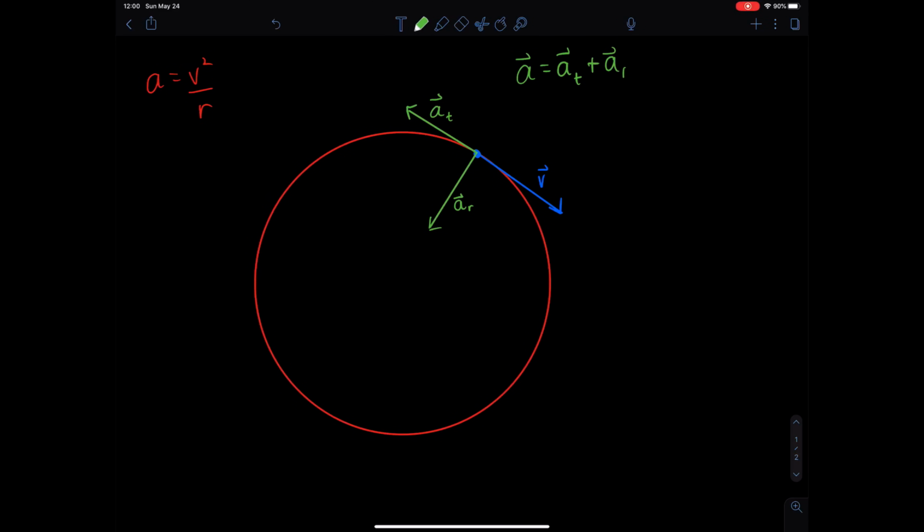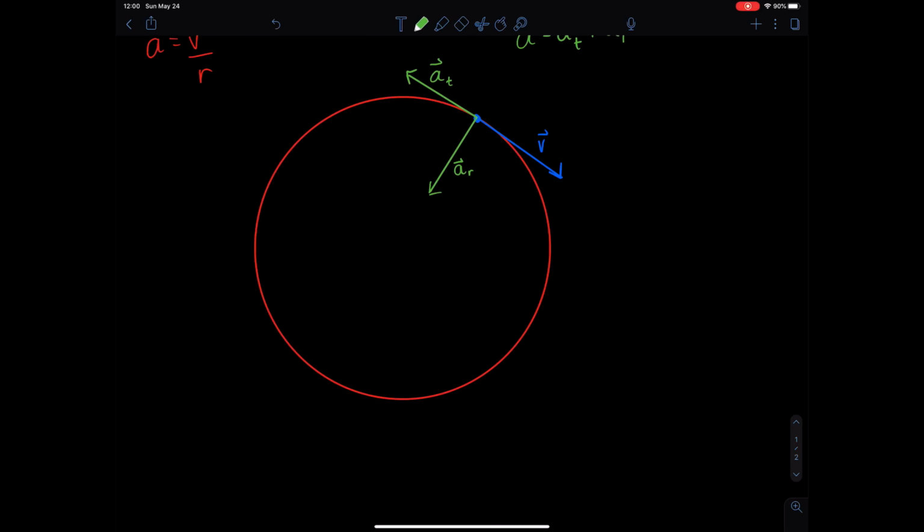Now, this is pretty much as far as it'll go in a standard calculus-based Physics 1 course. You could also have cases where you're traveling around a circle and instead of your velocity changing, maybe your radius is changing. So maybe you're traveling around and you're getting bigger and bigger in some spiral, or maybe you're getting smaller and smaller.